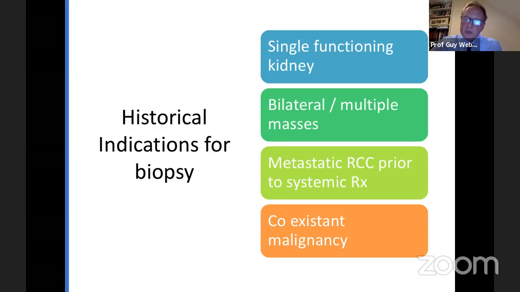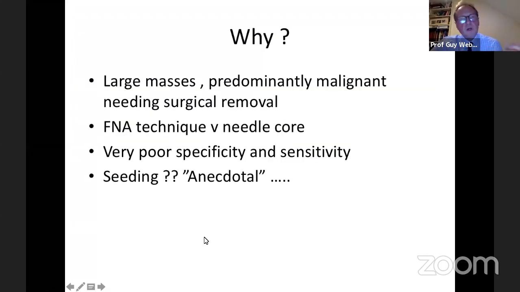Or patients who have a coexistent malignancy, to see whether this is a metastatic abnormality or a new renal abnormality. It wasn't done very often, for the simple reason that most masses were large and predominantly malignant, and they needed to be removed surgically. So there wasn't really any need to do a biopsy other than in those challenging areas of single functioning kidney or bilateral multiple abnormalities.